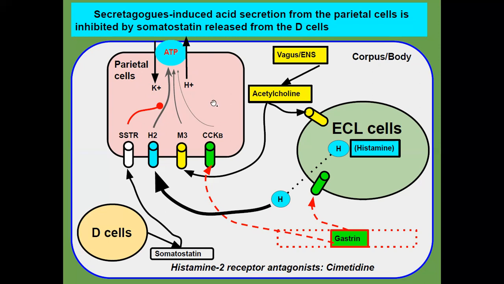induce gastric acid secretion by the direct pathway, which means they all bind receptors on the parietal cells. Also, the vagus nerve and gastrin have an indirect pathway.